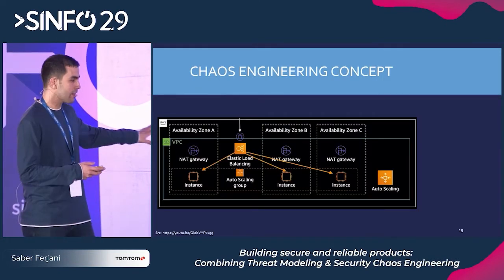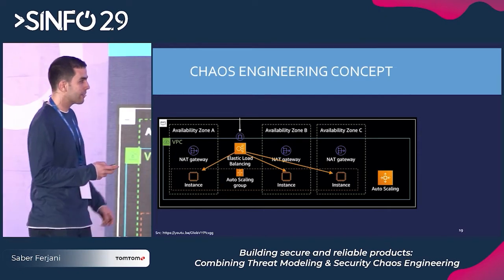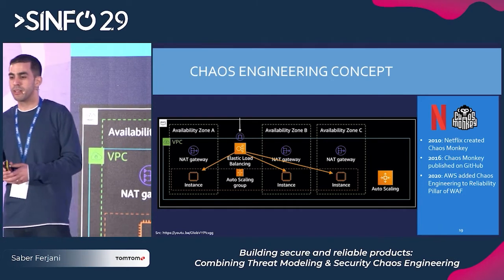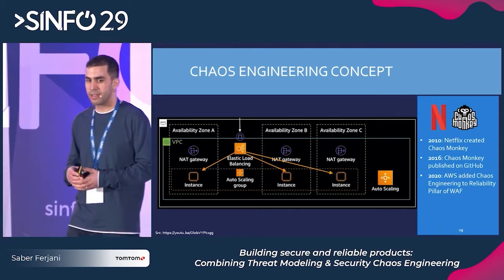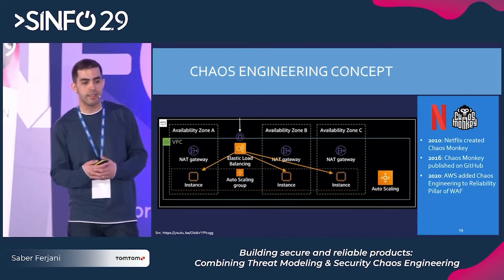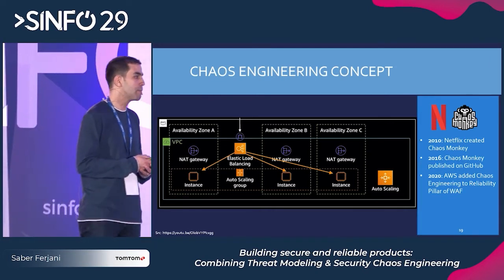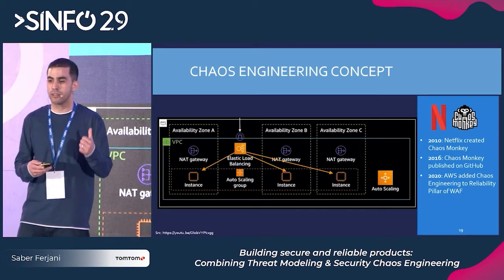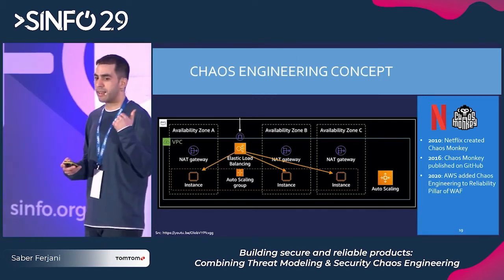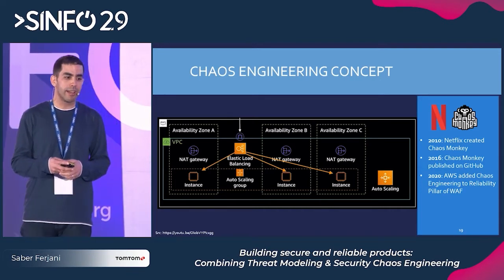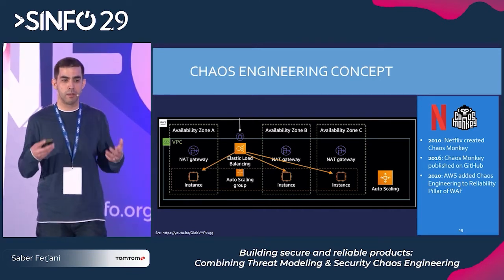All right, let's ignore this picture for a while, but let's look a bit into history. Chaos engineering was actually invented by Netflix in 2010, and they made it public or open source in 2016. It's available in GitHub. And in 2020, AWS actually added it to the pillars of the Well-Architected Framework, which I mentioned a few slides ago. So the idea is actually to improve reliability.